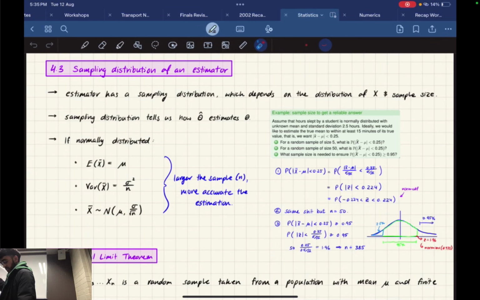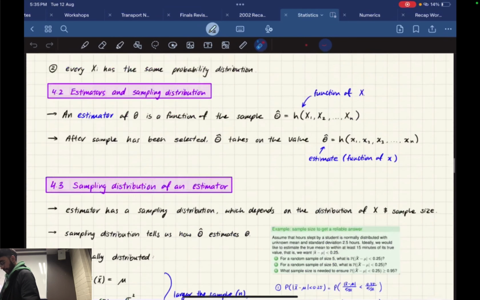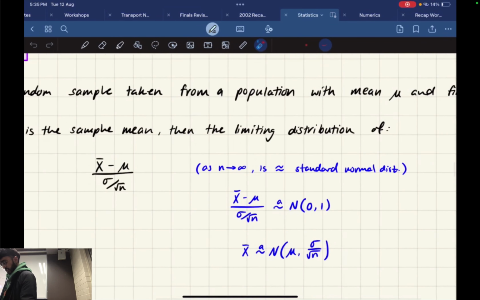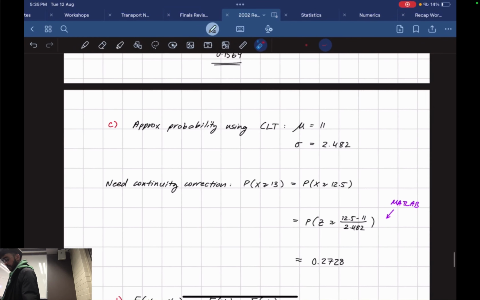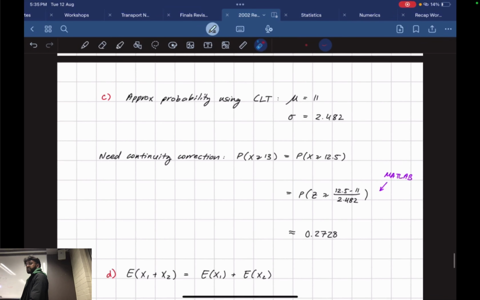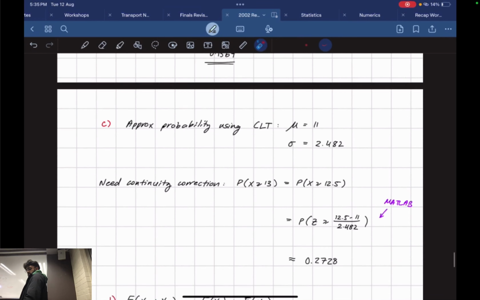So our central limit theorem, whatever it is, it's normally distributed around the center of 0 with a standard deviation of 1. Okay, I'm going to have to double check that one, David.